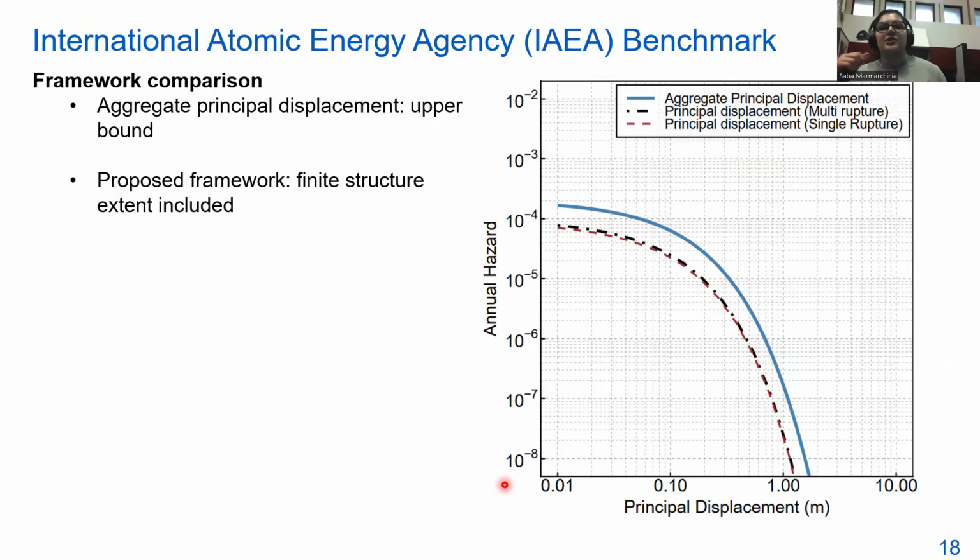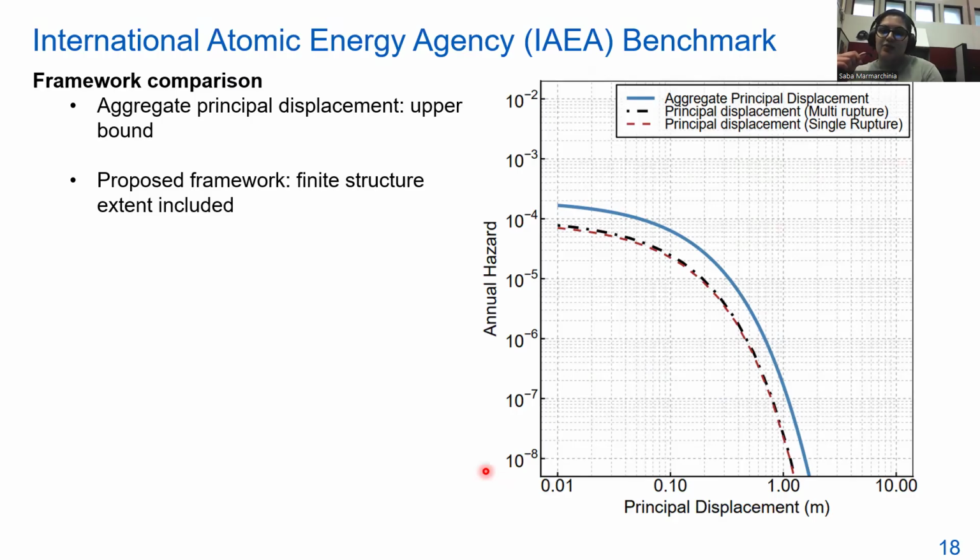So the International Atomic Energy Agency benchmarks are widely used by previous frameworks to evaluate the hazard for fault displacement. And here we use them to compare our proposed framework with the previous one.